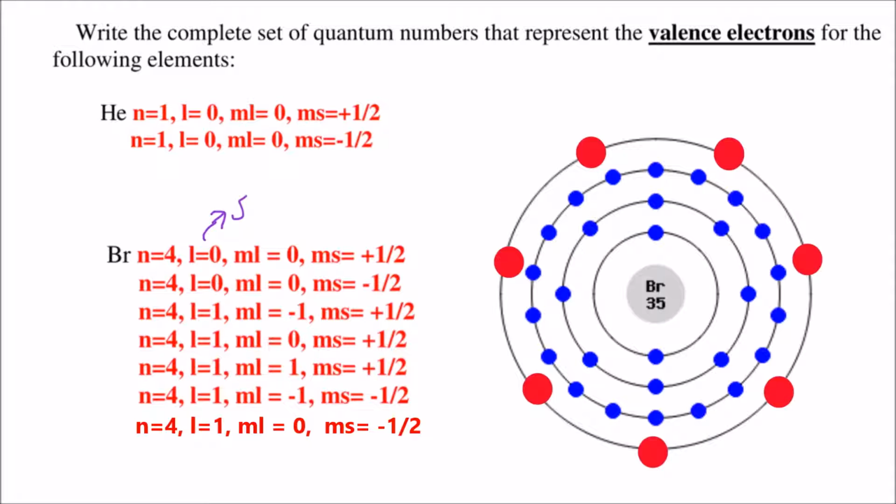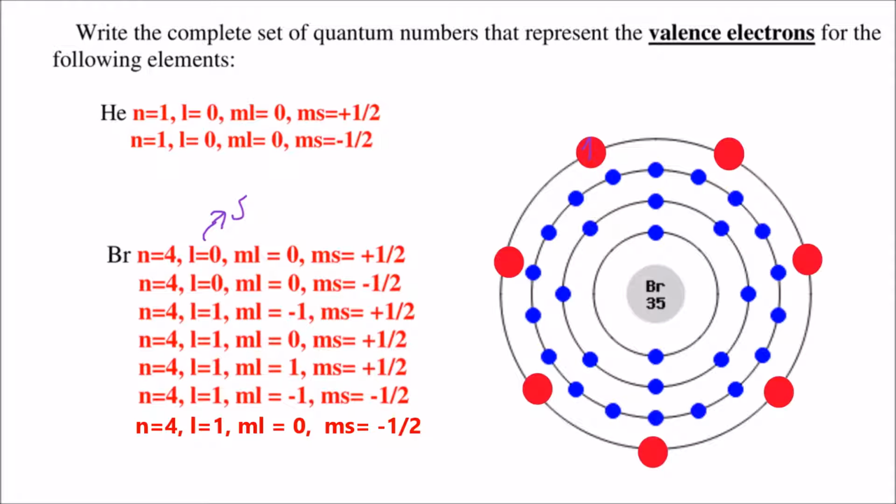If L equals 0, then ML has to be 0 as well. That gives me the orientation. And of course there's only one way to look at a sphere. And it's going to have a plus 1/2 or clockwise spin. So maybe that is this electron right here, and I've got my clockwise spin there because I pointed the arrow up.